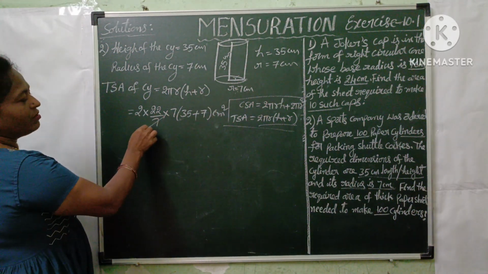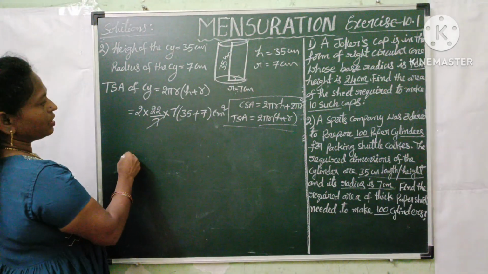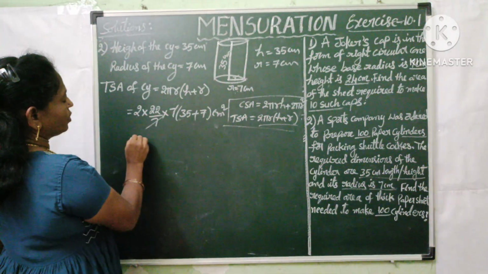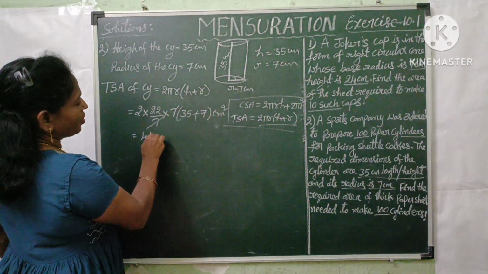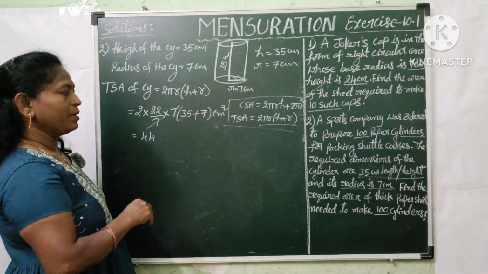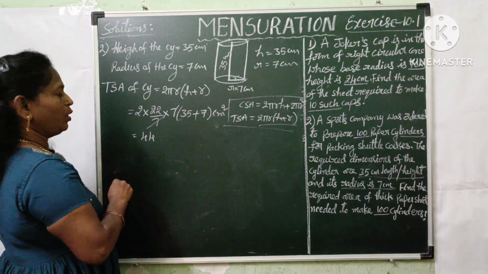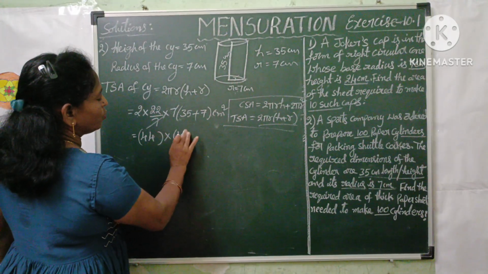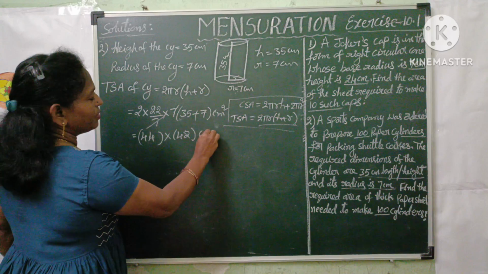Now 7 gets cancelled here. That is equal to 22 into 2 is 44, into 37 plus 35 plus 7 is 42, into 42 centimeters square.